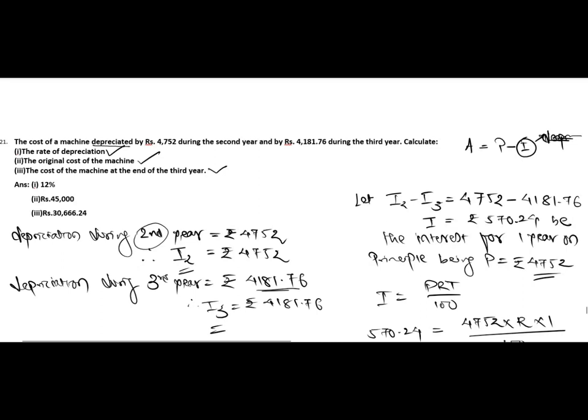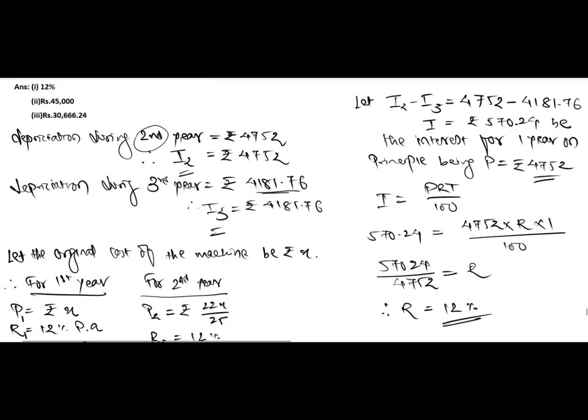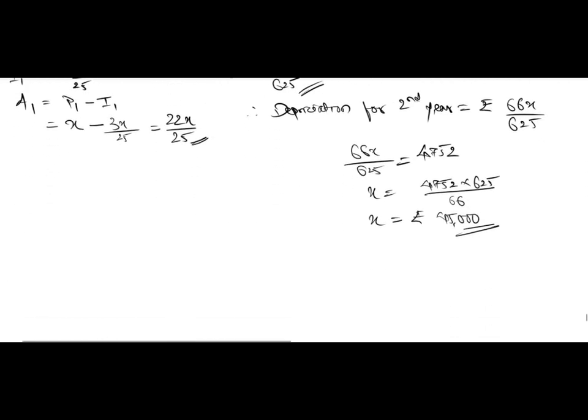Okay, now to find the cost of the machine at the end of the third year, now this gets interesting over here. See, we don't know the depreciation during the first year. So what are we going to do?